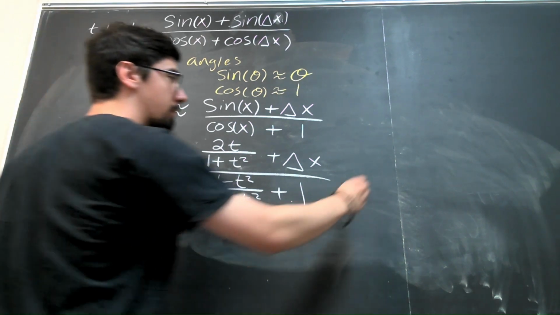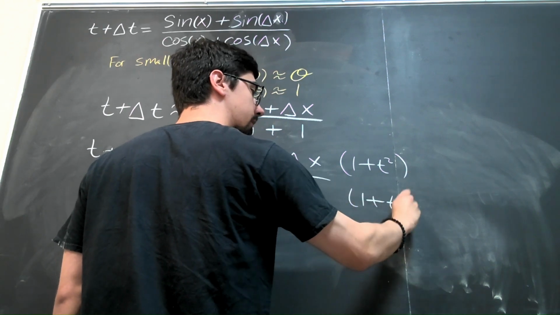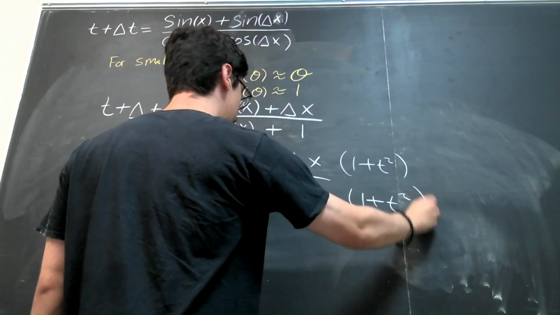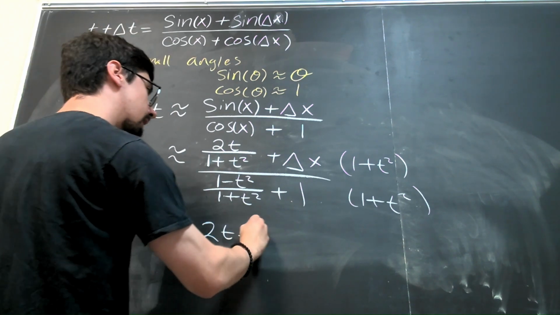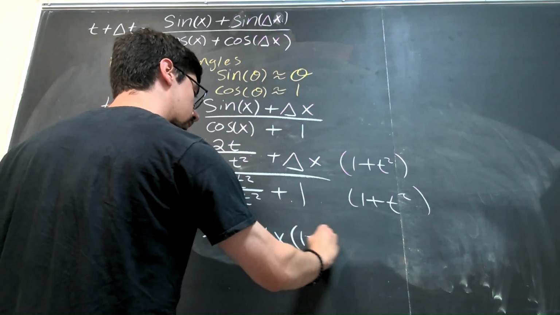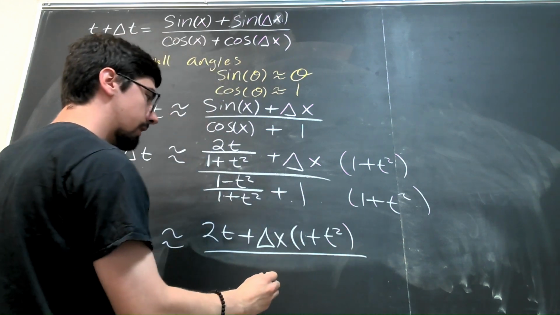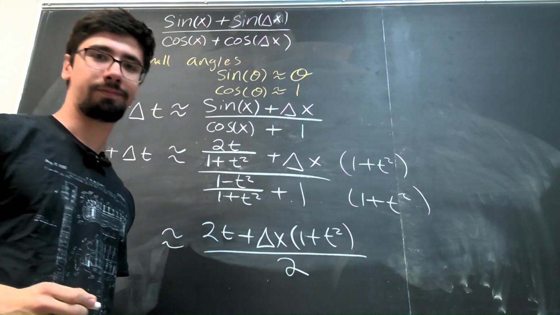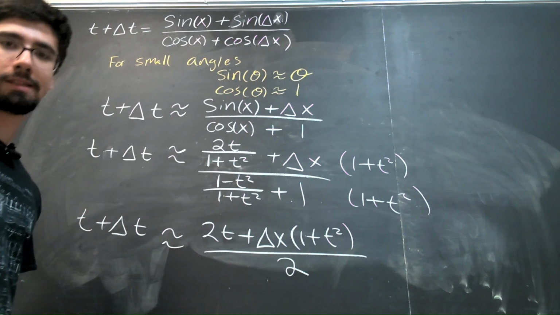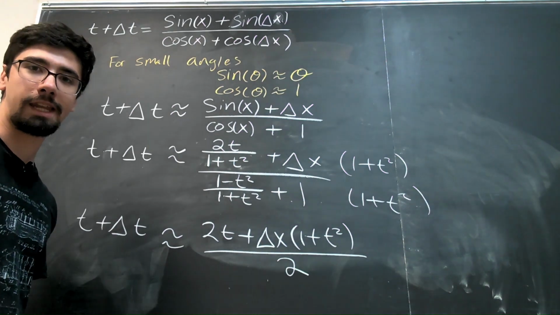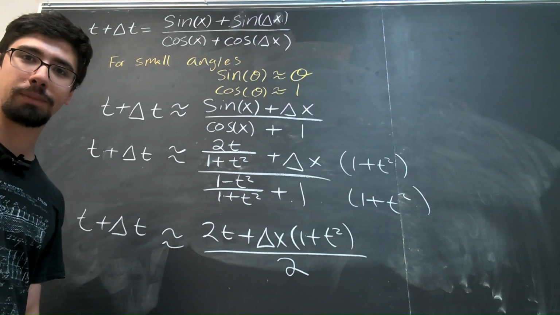So if we multiply the top and bottom by 1 plus t squared, that'll go ahead and clear up the mess for us. And that's going to leave us with 2t plus delta x times 1 plus t squared over 2. And that's what t plus delta t is equal to.